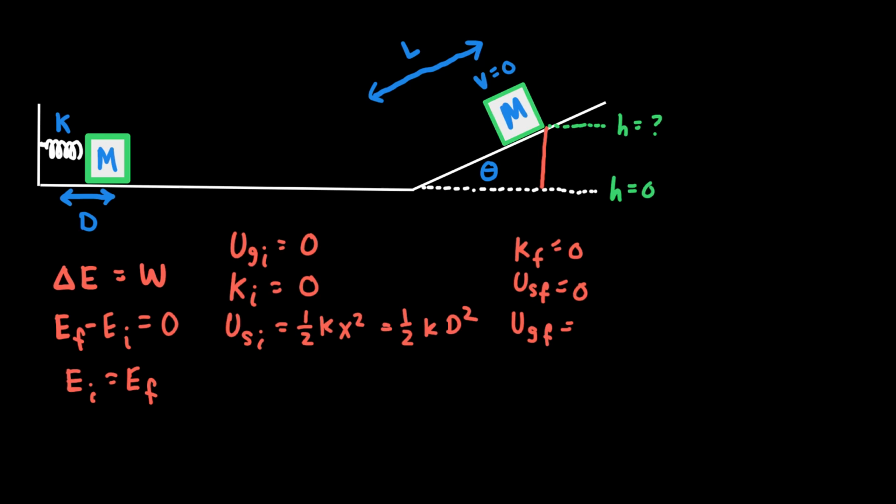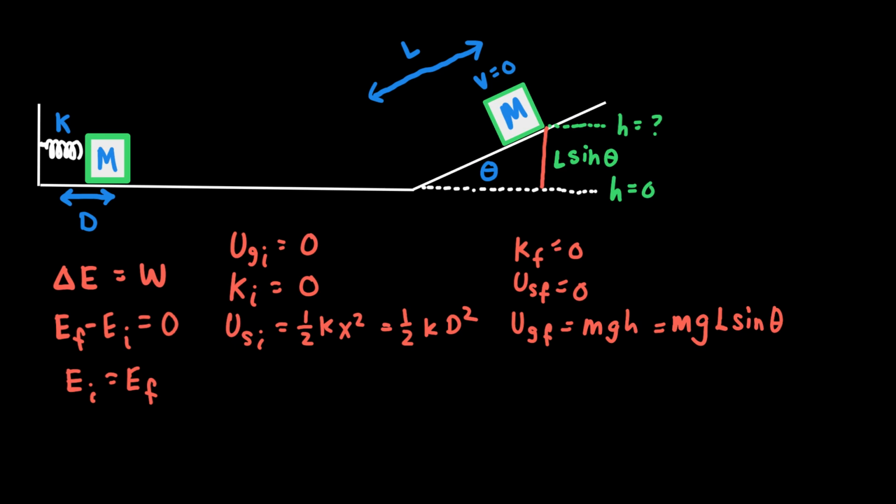And that height is equal to L sine theta, because I've drawn a right triangle where the height is L sine theta and the hypotenuse is L. So the length that the box travels along that incline is L, and the height that it will have after it travels that length is L sine theta. And so the generic expression for gravitational potential energy is just mgh, but here the height is L sine theta. So I'm going to write mg L sine theta.